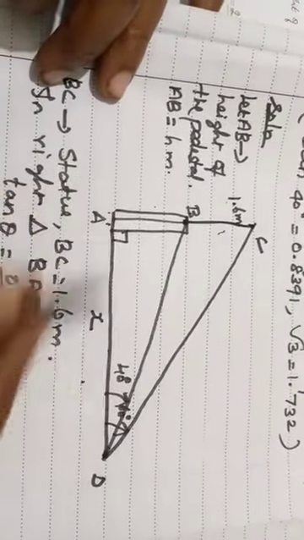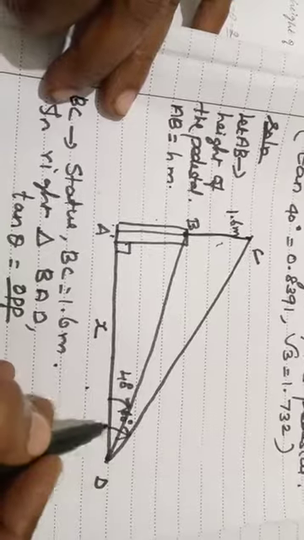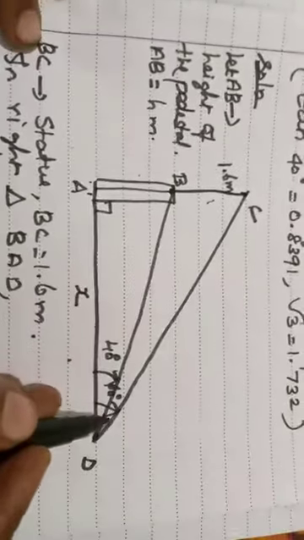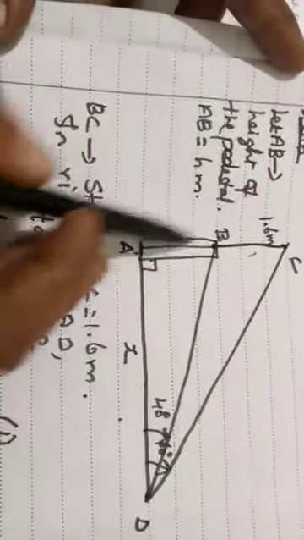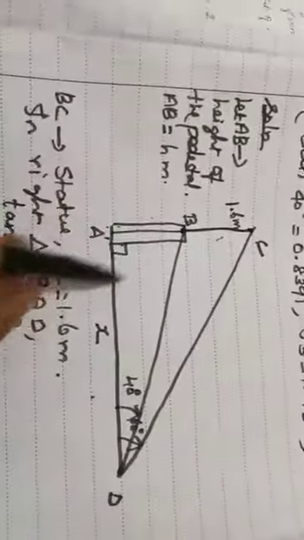CAD, this bigger triangle. Okay. Here angle of elevation is given 60 degree. So in this right triangle CAD, here also opposite and adjacent we are going to use. So tan ratio.